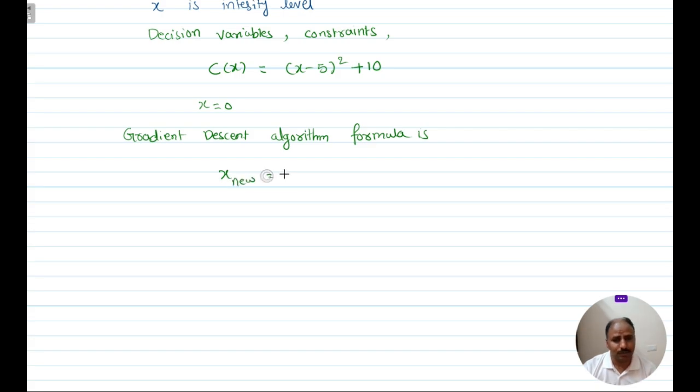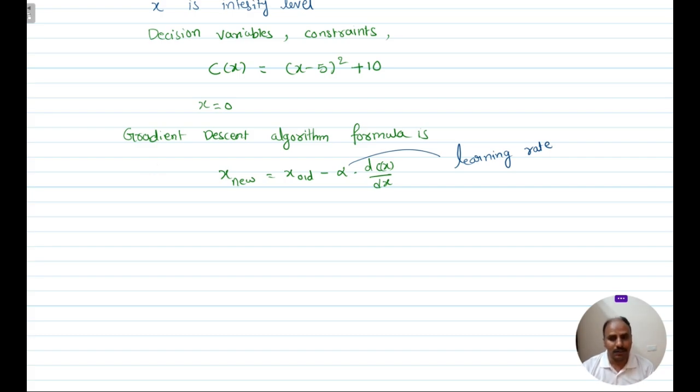Okay, x new equal to x old minus alpha into dC of x by dx. Okay, so here dC of x by dx is the derivative of our objective function. This alpha is called the learning rate, meaning how our algorithm converges according to this learning rate.